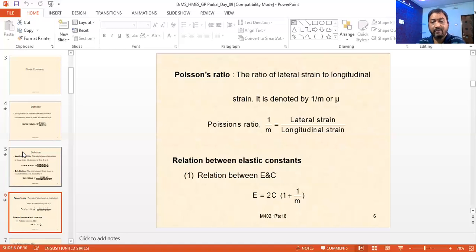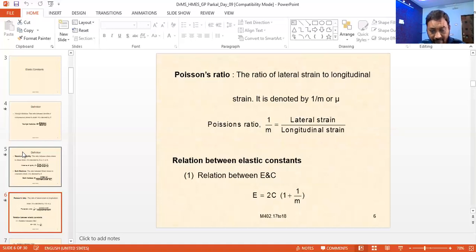Next, we are going to have the relation between the elastic constants. So we have the modulus of elasticity E, the modulus of rigidity C, and the bulk modulus K. First of all, we'll see the relation between E and C. E is equal to 2C into 1 plus 1 by m.